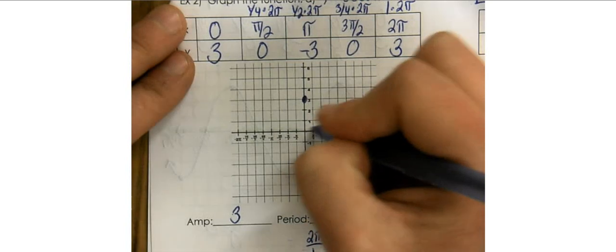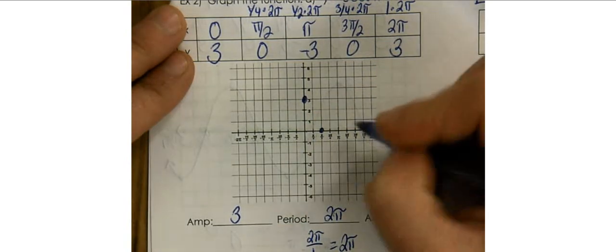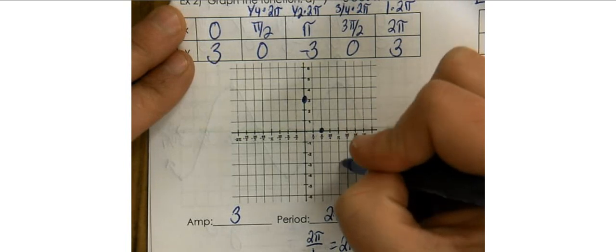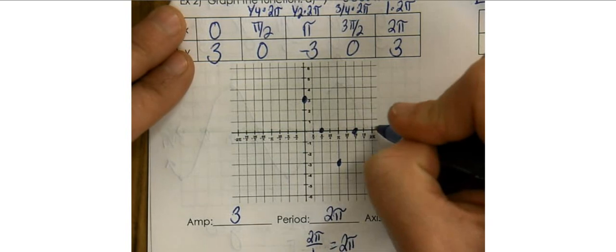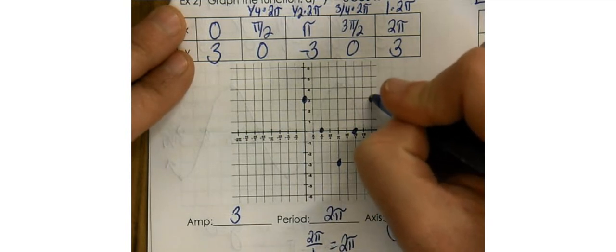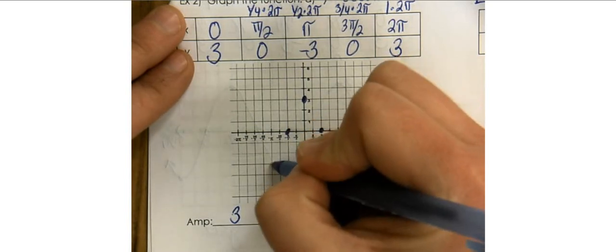So I'm going to skip a line and go to pi over 2, 0. Then I'm going to go to pi, -3, then 3 pi over 2, 0, and then 2 pi, up to 3. And I'm going to repeat this pattern going on the other side.